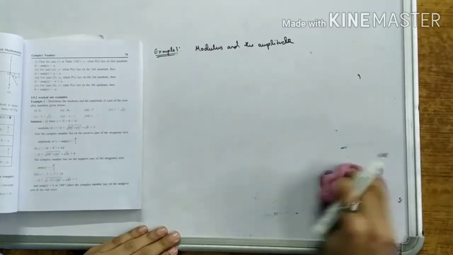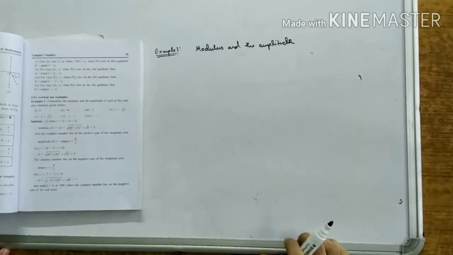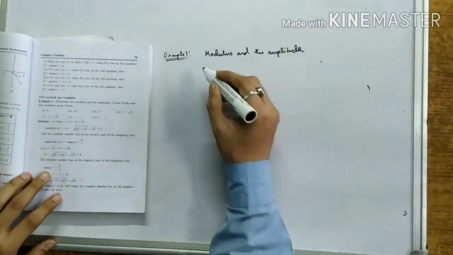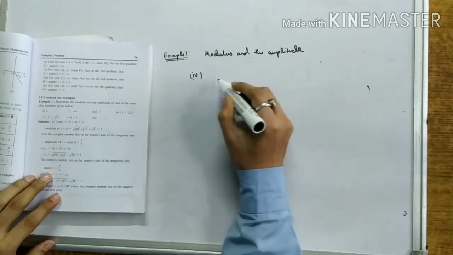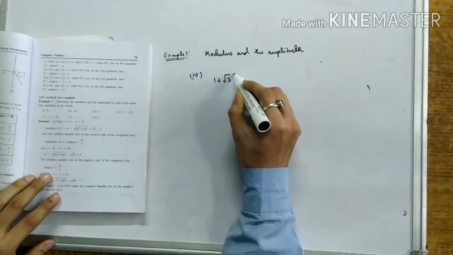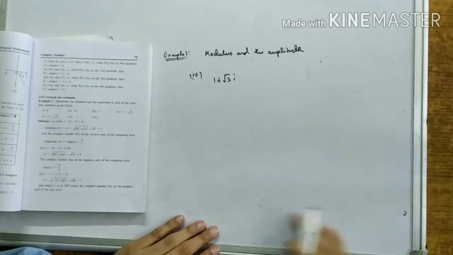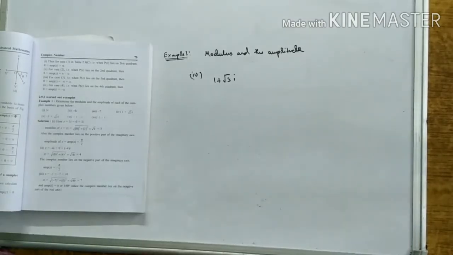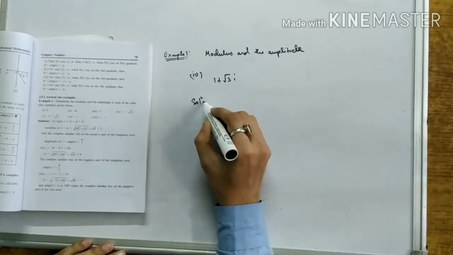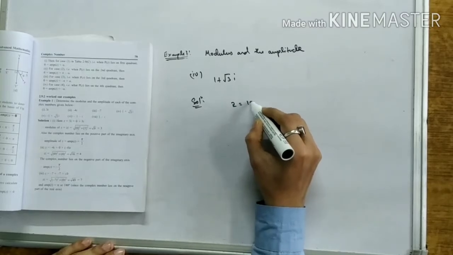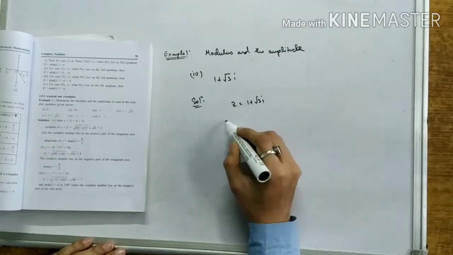So next, question number 3 you try to do by yourself. I will show you question number 4, 1 plus root 3i. So solution: z is equal to 1 plus root 3i.